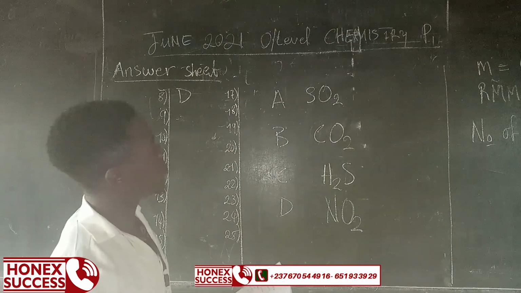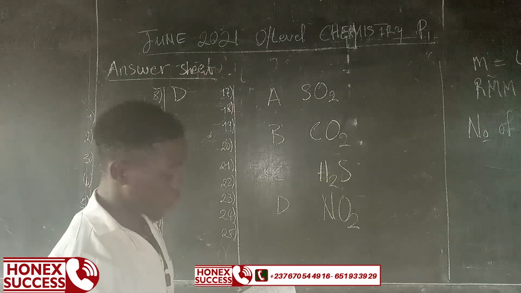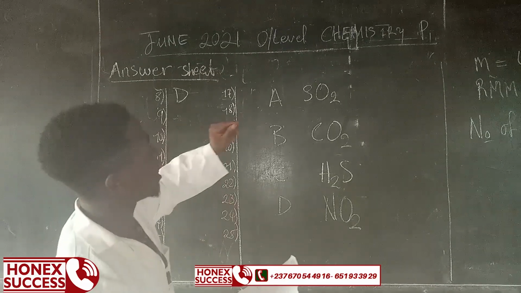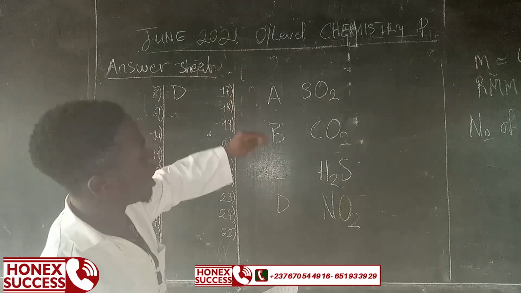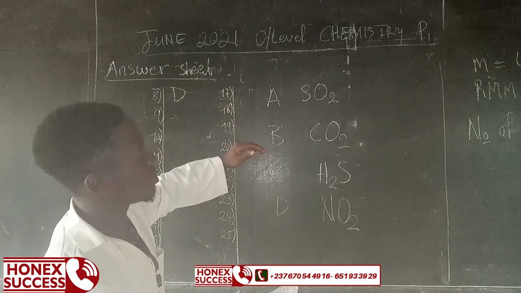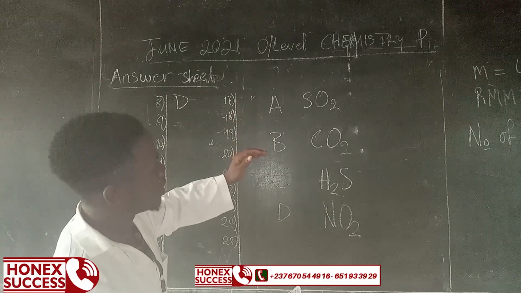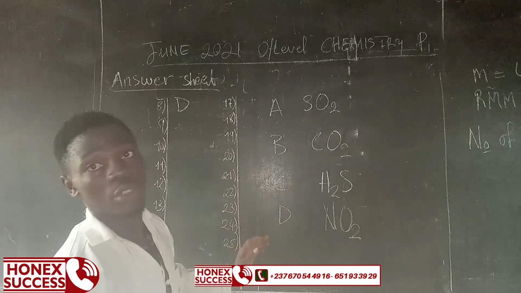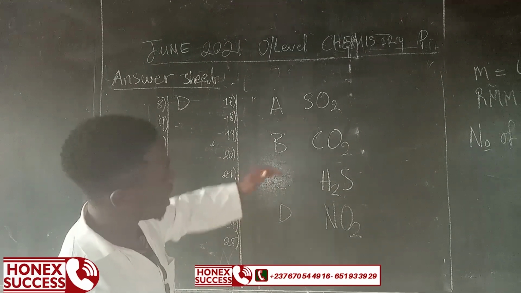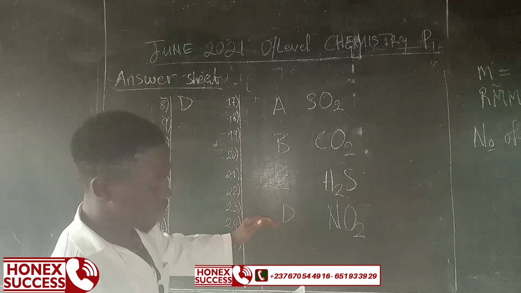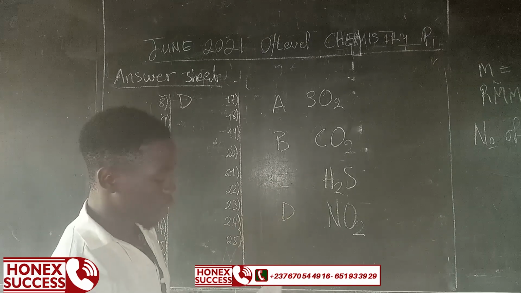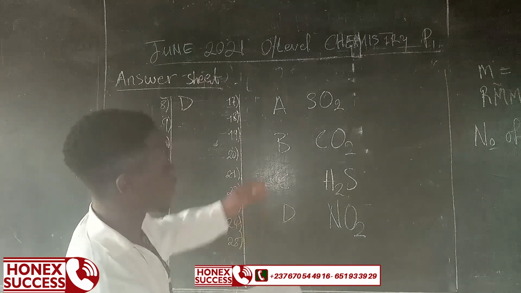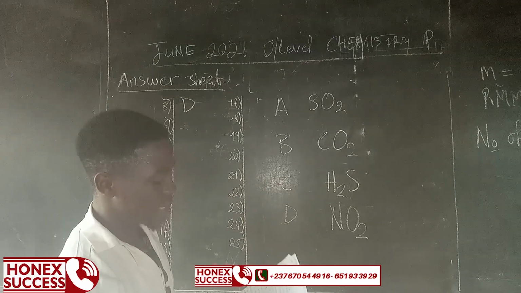If we look at these options from what we were told in our notes, we will discover that A and B are the only two acidic oxides among the options. So we eliminate options C and D, because they are not acidic oxides.